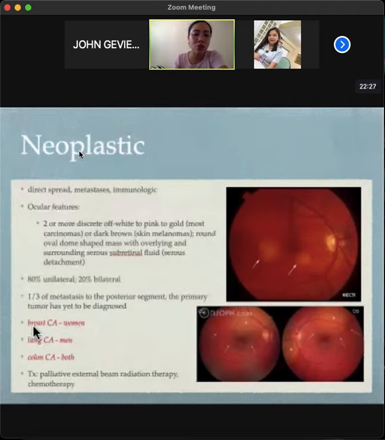However, in men it would be due to lung cancer. Men and women are equally affected in colon cancer. So you have to investigate. This is usually round, irregular, subretinal, under the retina. The choroid and retina are usually well vascularized, especially the choroid, so that is why they are prone to metastatic lesions.